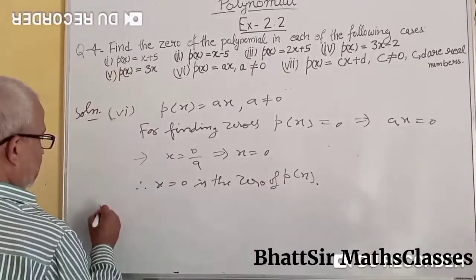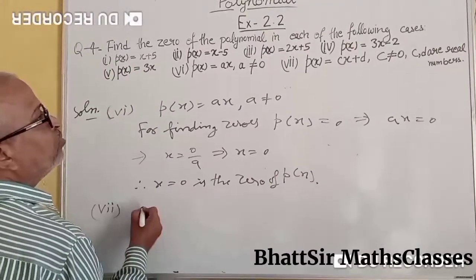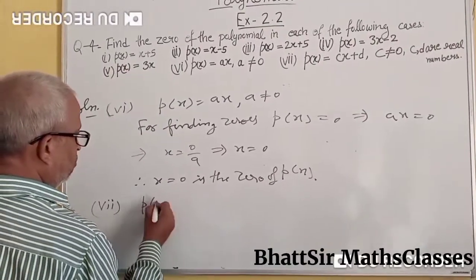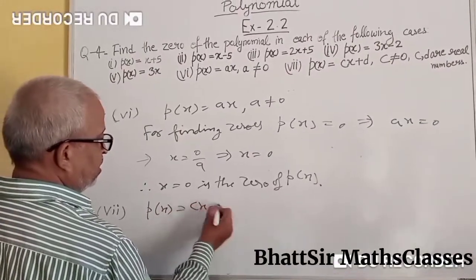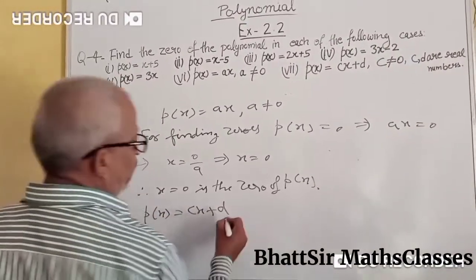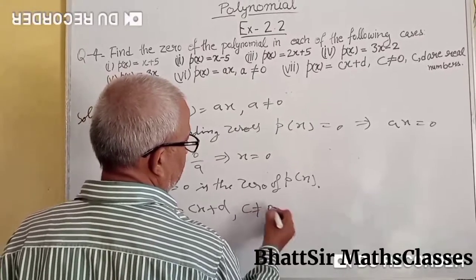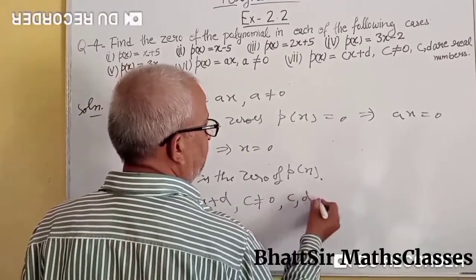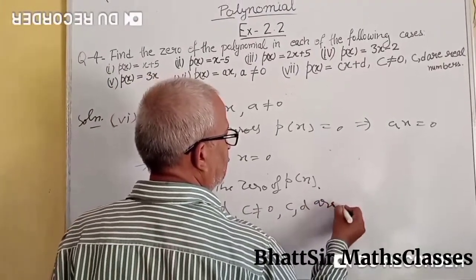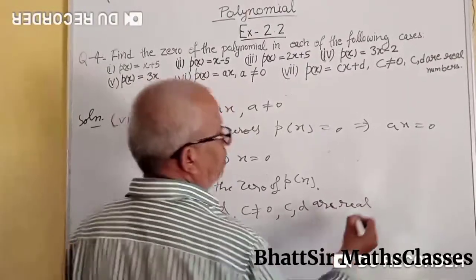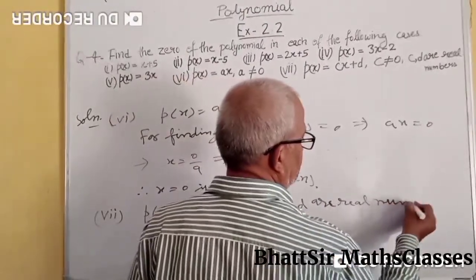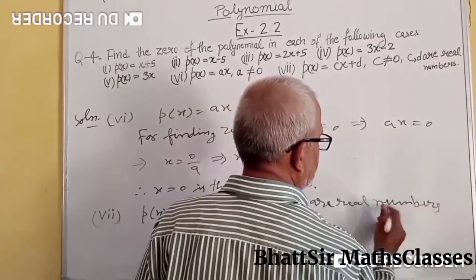Seventh part. P(x) equal to cx plus d, where c is not equal to 0. c, d are real numbers.